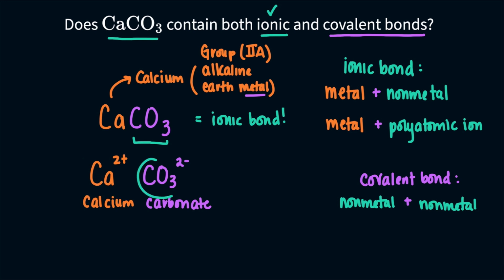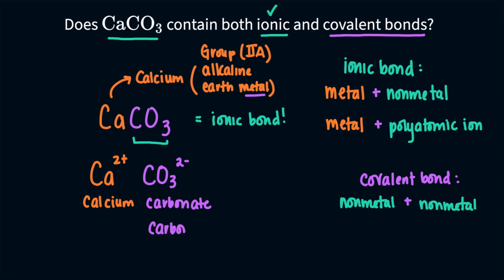But in the carbonate, I have different elements, right? I got carbon and I have oxygen. They have to be bound together, right? And it doesn't really matter in this case that it's a double bond or a single bond, right? A single here, a double here, right? Between the carbons and the oxygens. That doesn't matter. But just know that inside here, there has to be bonds as well.